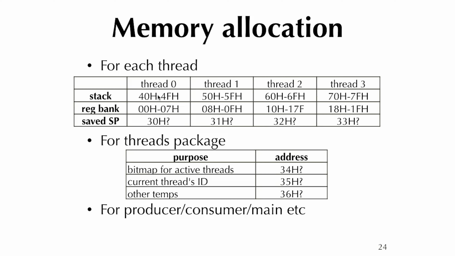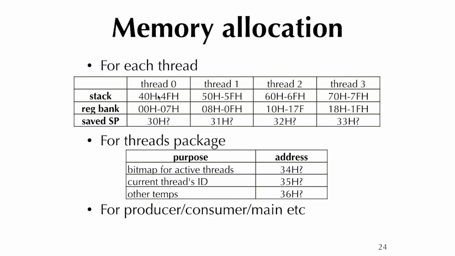But if you use 16 bytes for one thread, 4 threads, that's 64 bytes. That's half of your memory right there, right? So if you want to use half of your memory, you might as well align it, and use the second half of the memory. So 40, 50, 60, 70.